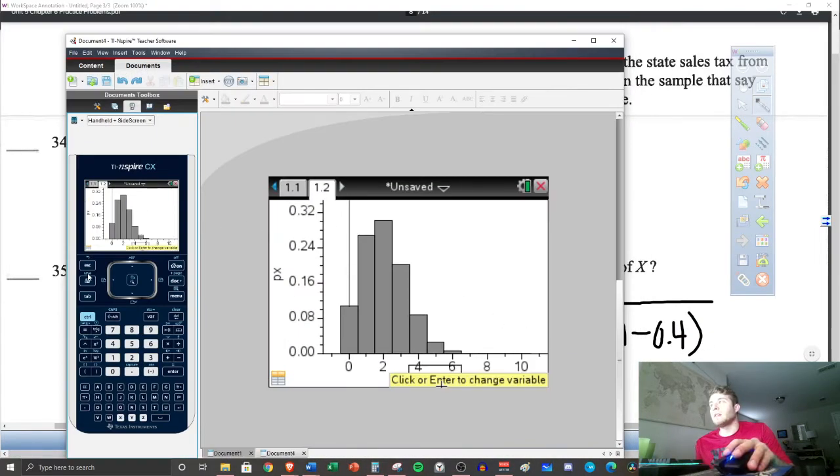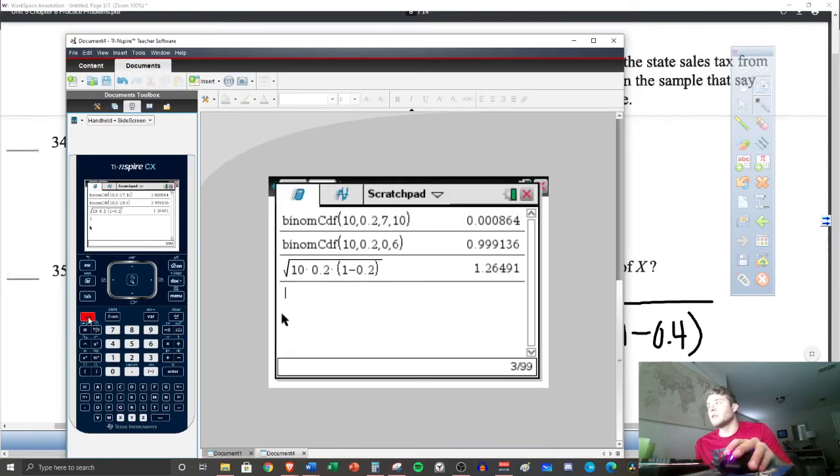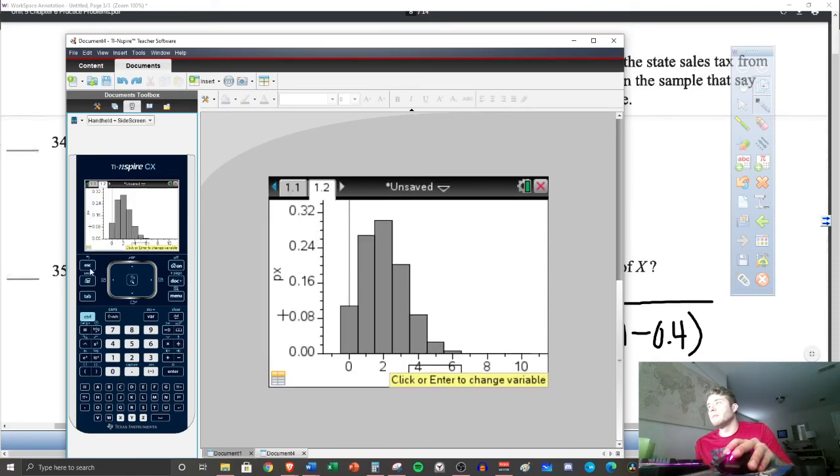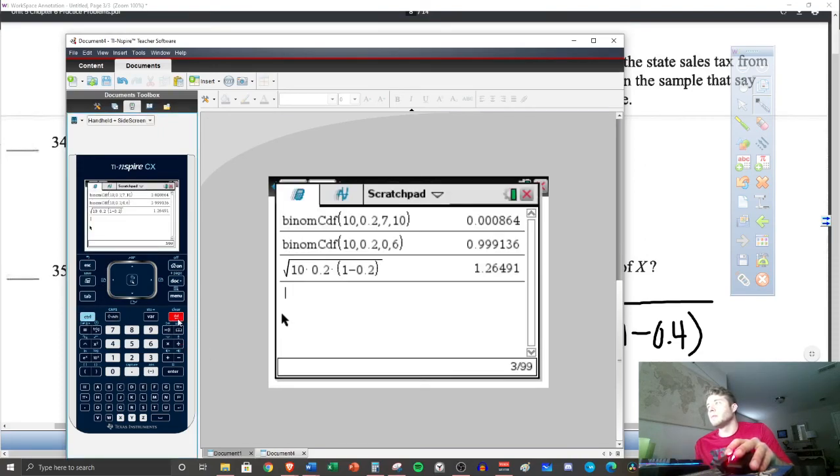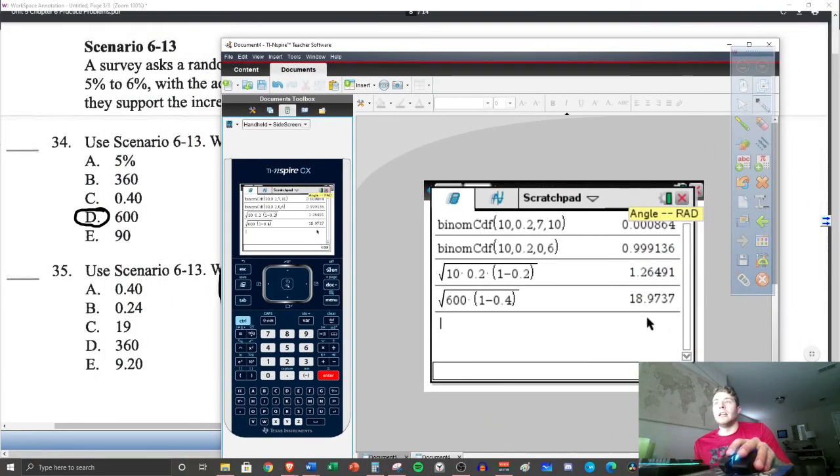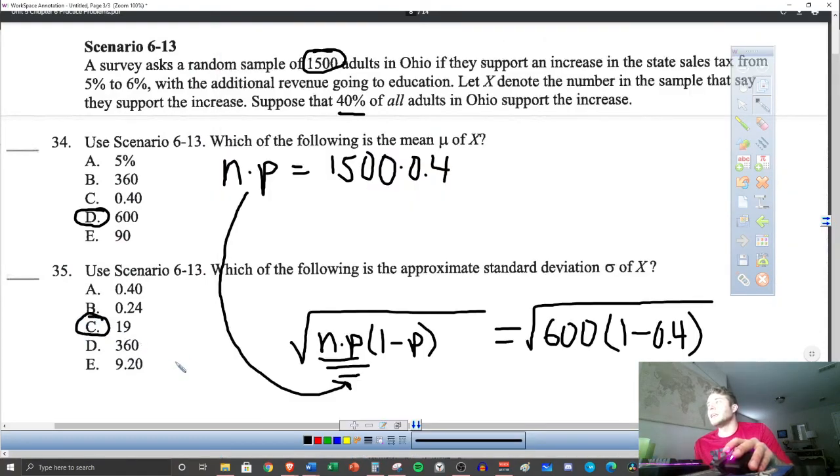Pull up the Inspire. Let's do our square root. Square root of 600 times 1 minus 0.4. So 18.97. You'll notice they round that up right here. So it's 19.